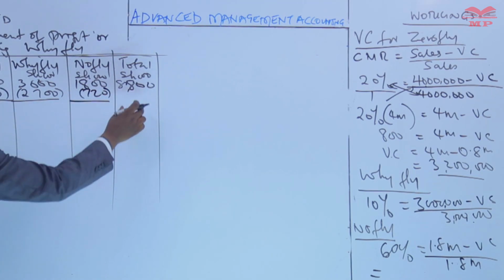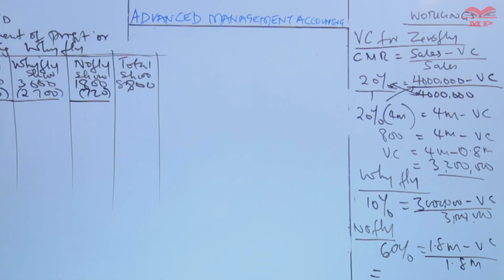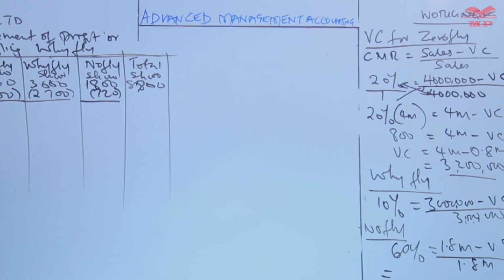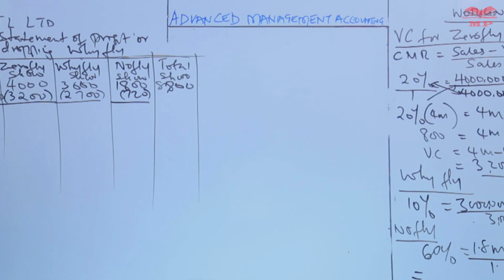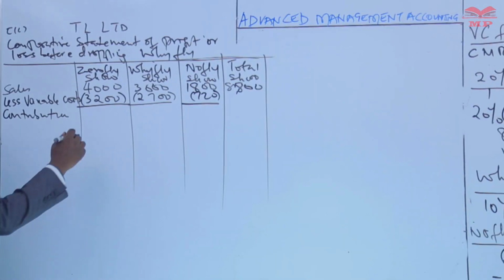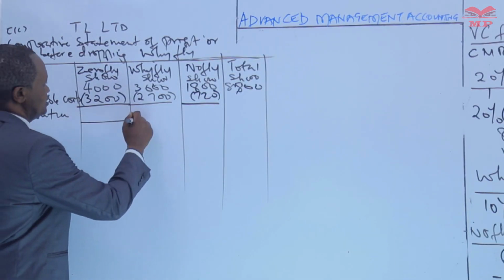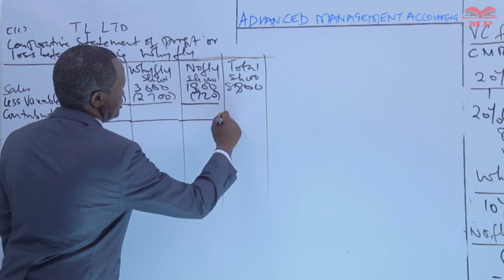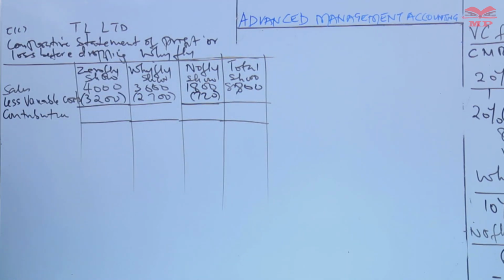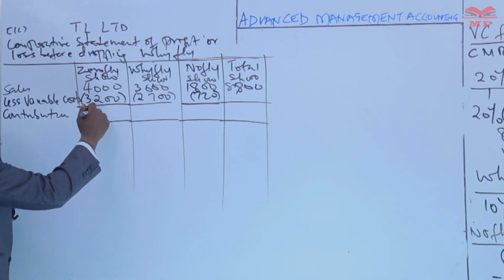Give me the total variable cost. Deduct variable cost from sales. Let's have the contribution. Zero fly. I'm relying on your calculators to calculate these amounts. This looks like 800.